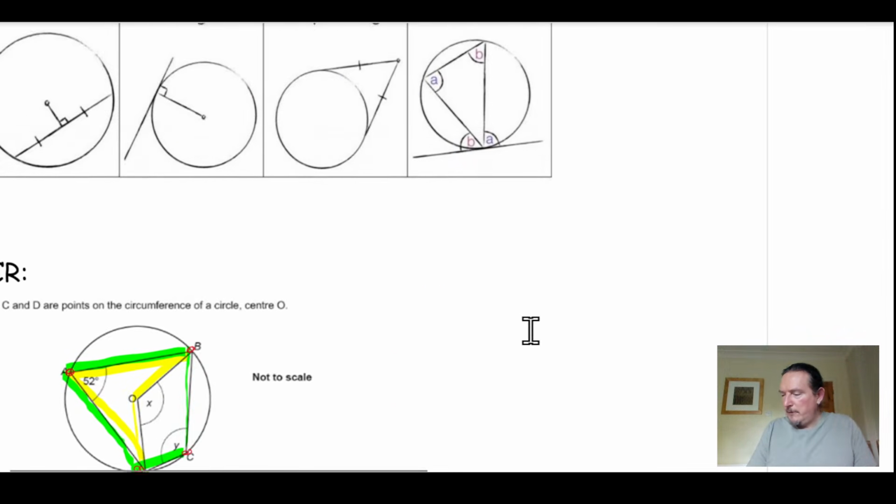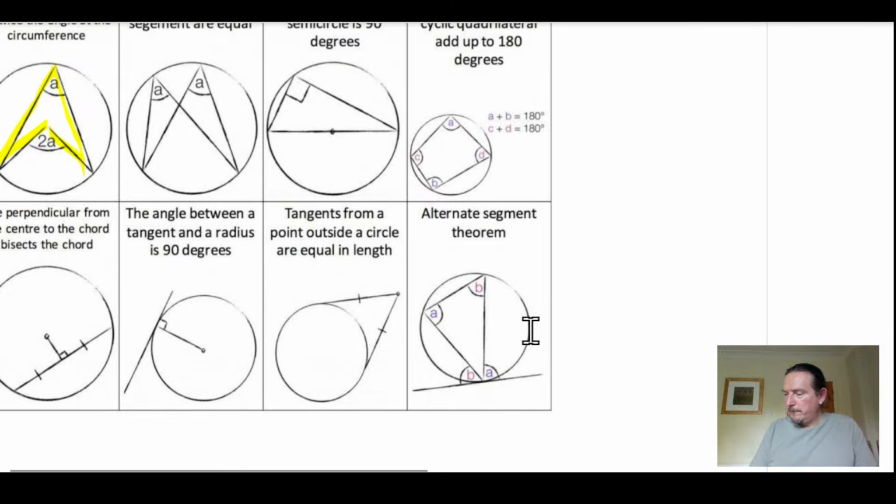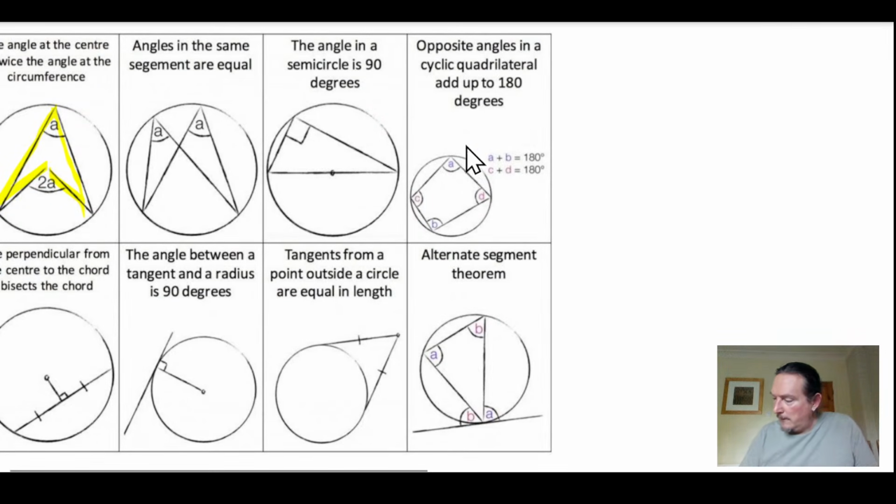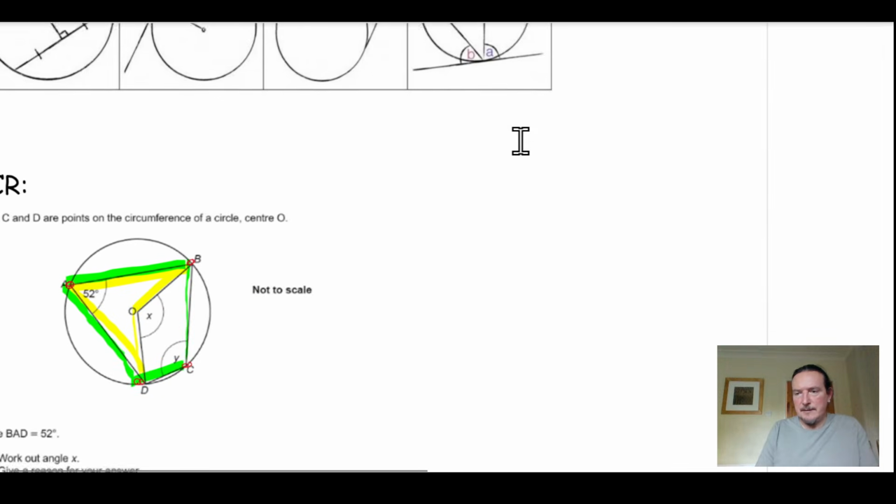So if you come back up here to our list of rules, it's this one in the top right hand corner. Opposite angles in a cyclic quadrilateral add up to 180 degrees. So opposites here, so that one and that one add up to 180, and that one and that one add up to 180. So that's quite a handy rule that we need to know.